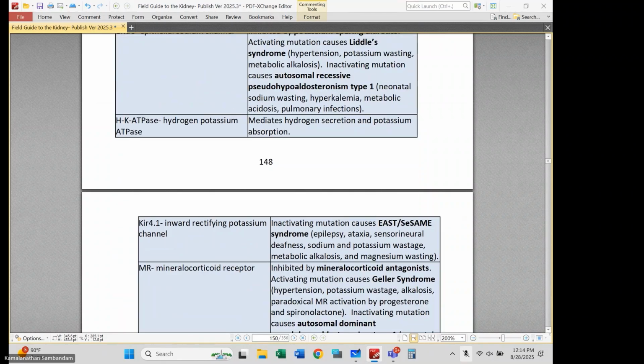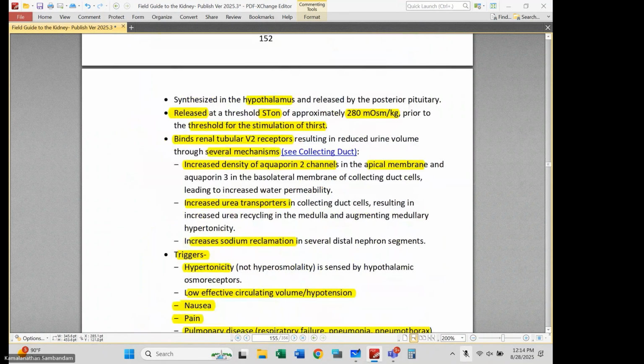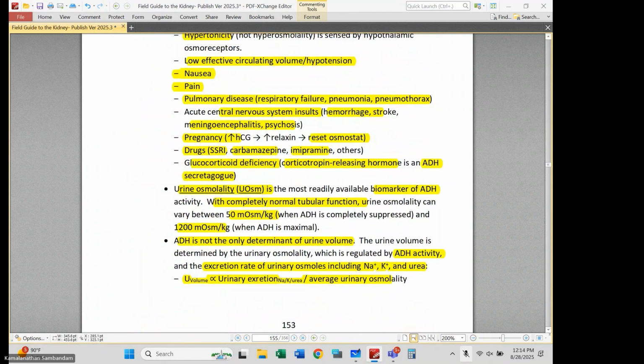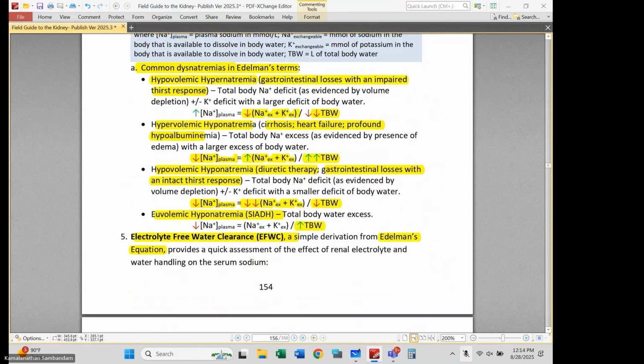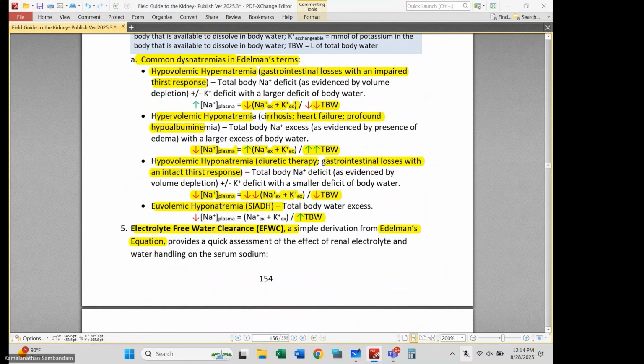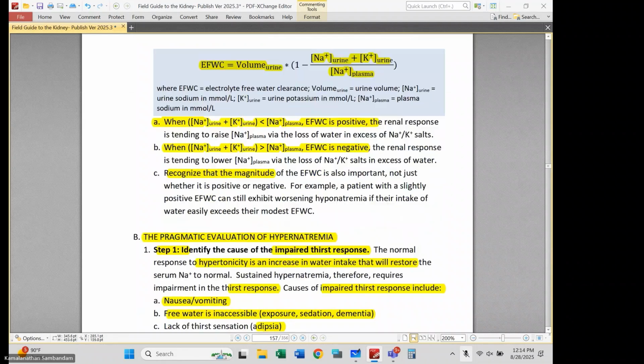I have to choose my words carefully because that is not always the case. Certainly at your stage of training, I'm sure you've treated plenty of patients with loop diuretics and witnessed worsening hyponatremia, right? So there must be more complexity to it to explain your clinical experience where loop diuretics do not always elevate the serum sodium by enhancing water excretion, okay?